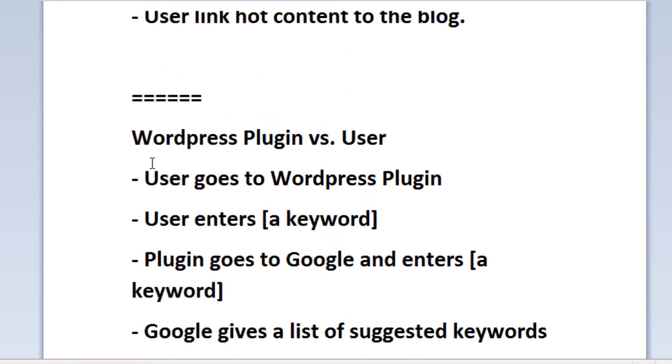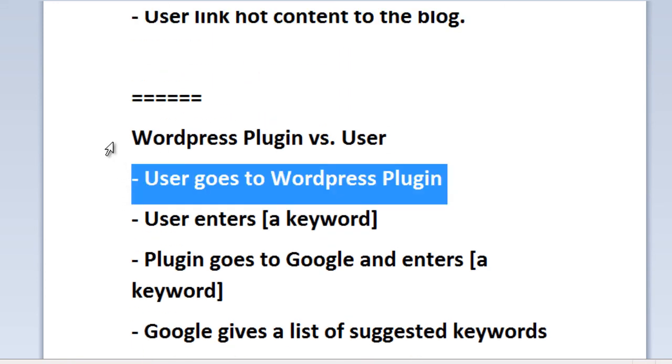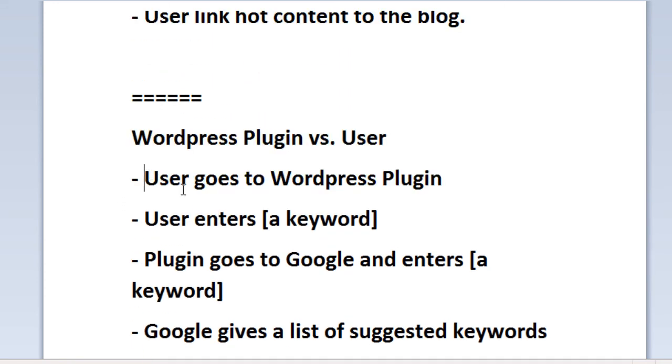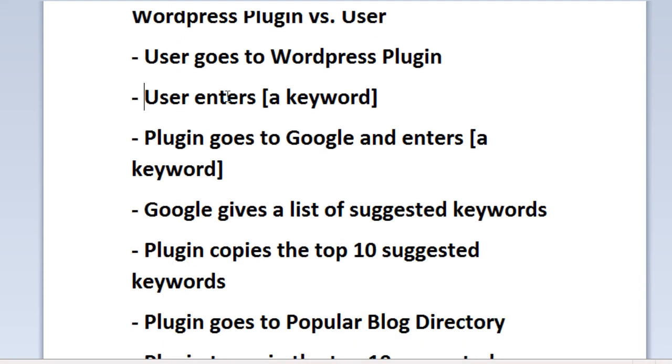Now, we could go further and we could do if and else statements. So we can go back here and say, well, obviously the user is going to go to the plugin. So if we go down here, it says user enters keyword. We could say if the user enters a keyword, do this. Now, obviously, if the user does not enter a keyword, nothing happens. So we don't need that.